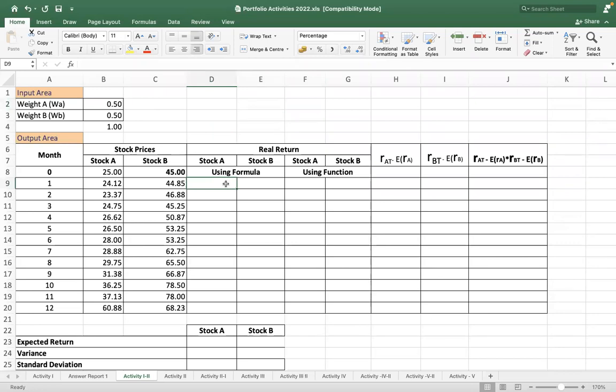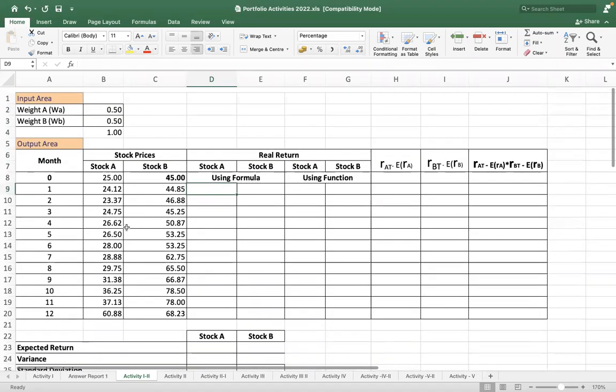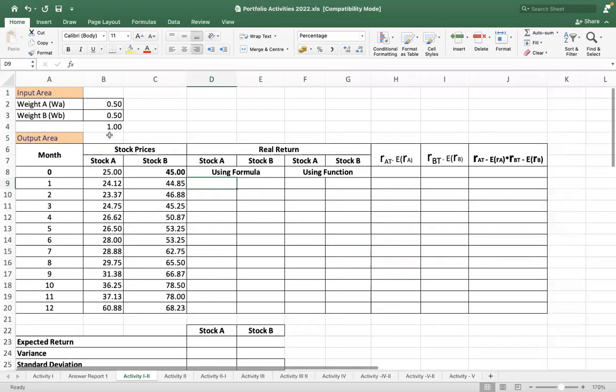Right, we'll start the practical. You have been given two stocks, that is, stock prices. So we are going to calculate the return of each stock, and then we can calculate the portfolio risk and return, right?